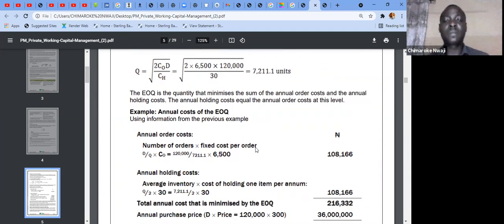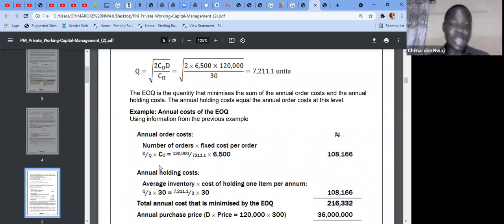If we are to order 7,211.1 units, your number of orders will be how many? 120,000 divided by 7,211.1 means you're going to be making 16.64 orders throughout the year.